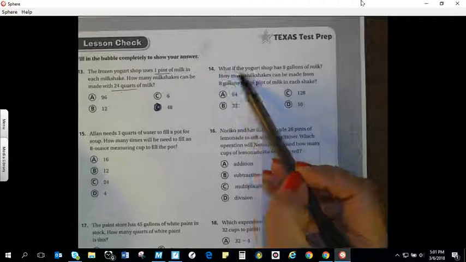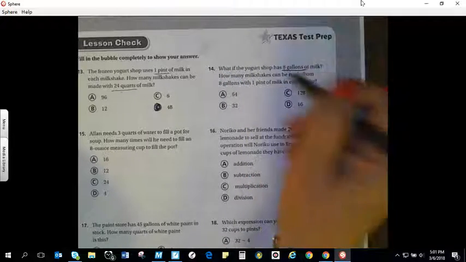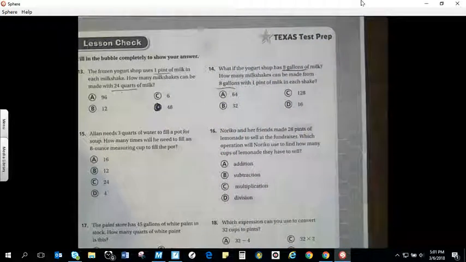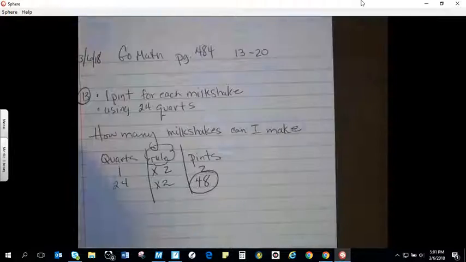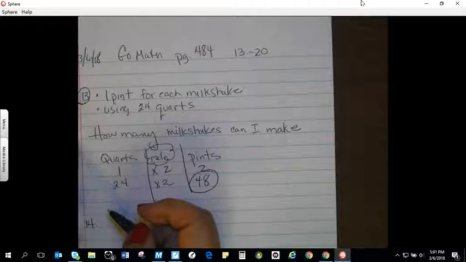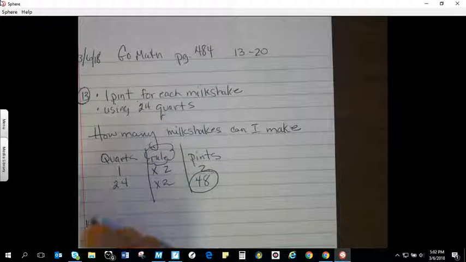Number 14. What if the yogurt shop had 8 gallons of milk? How many milkshakes can be made from 8 gallons with 1 pint of each milkshake? All right, so you're going to follow the same premise. So let's go to number 14. It's saying that it's still going to be 1 pint for each milkshake. That hasn't changed.